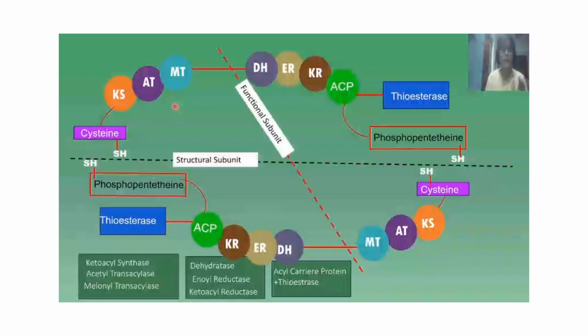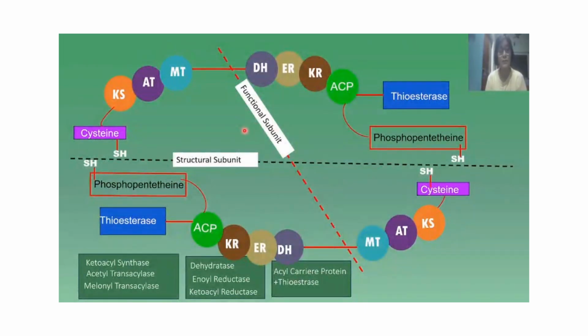So, we can visualize that this enzyme has two structural subunits which have all the components of this enzyme, that is the 7 proteins, but functionally the two monomers of this dimer are required for the activity of this enzyme.